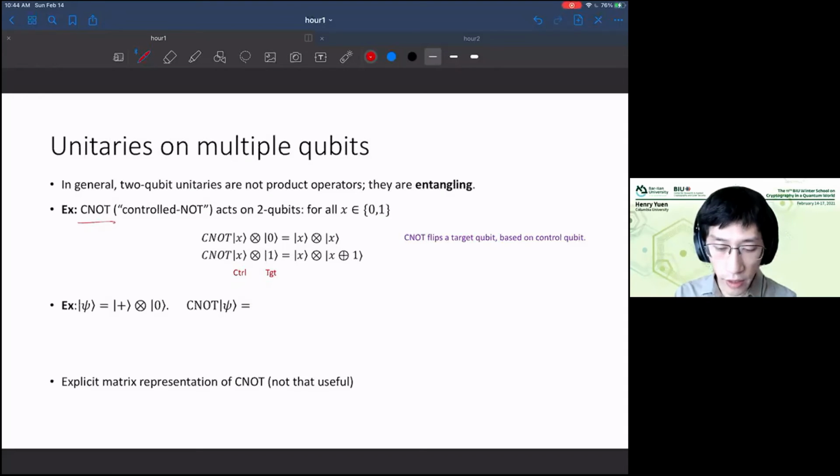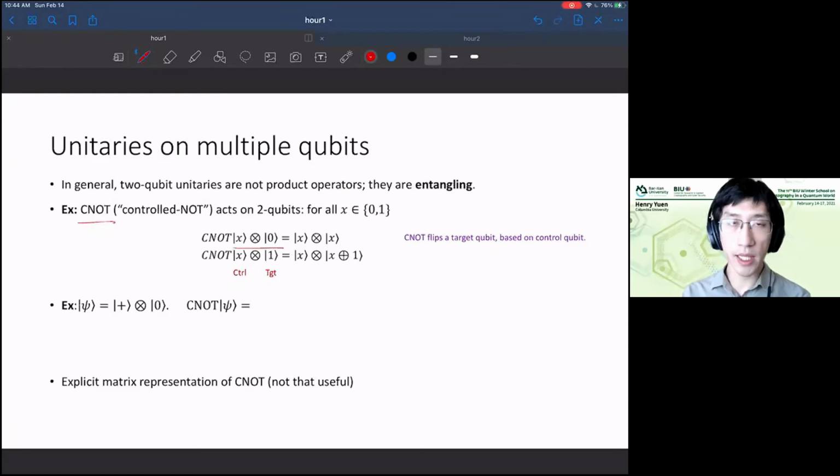So if you have 2 qubits, one that starts in state x, which is 0 or 1, and the 2nd qubit is 0, then it essentially copies x into the 2nd qubit. The qubits have different functions. The first qubit is called the control qubit, and the 2nd qubit is called the target qubit.